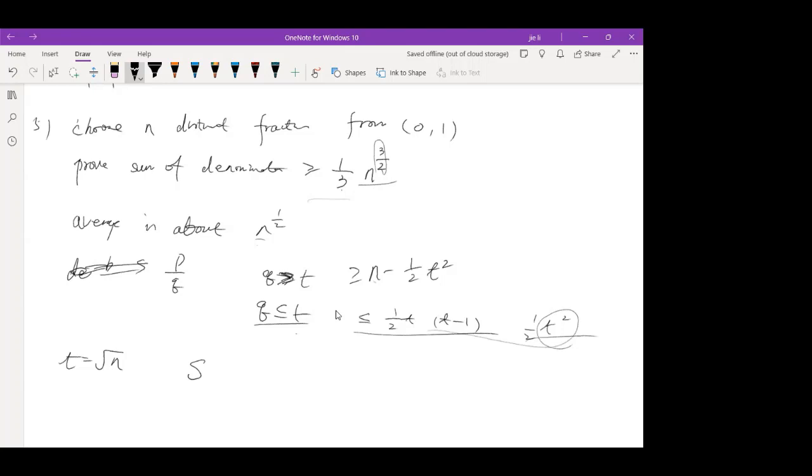The sum will be greater than this bigger one times n minus half T squared, so n minus 1/2 n. So this gives you n to the 3/2 power.